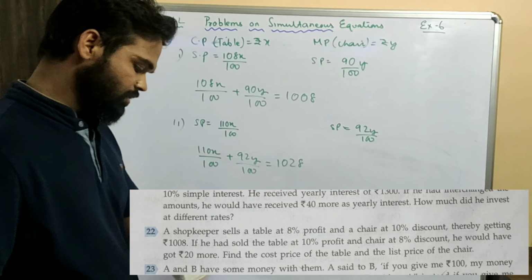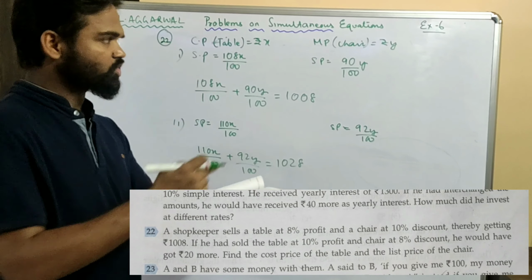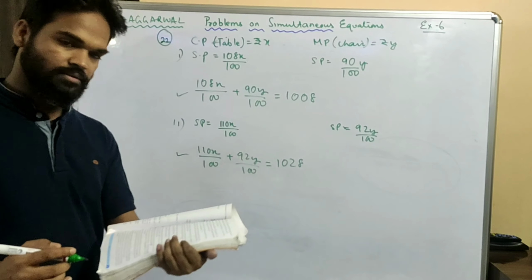He gets 20 rupees more. They have asked for the cost price of the table and the list price, which is the marked price. Solve these two equations and get your answer.